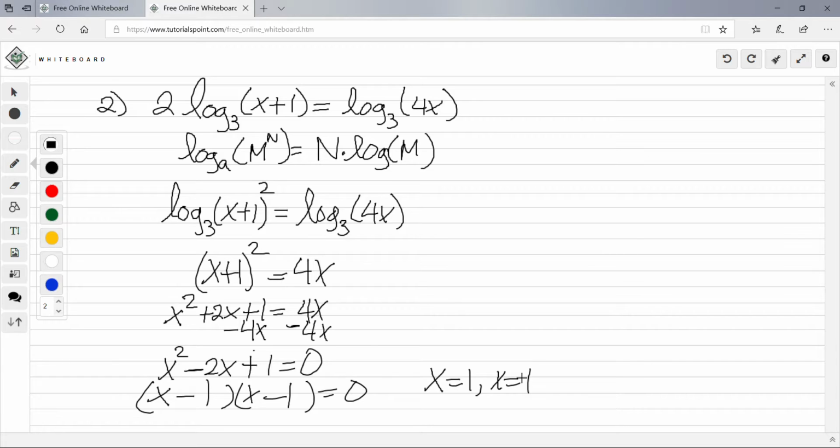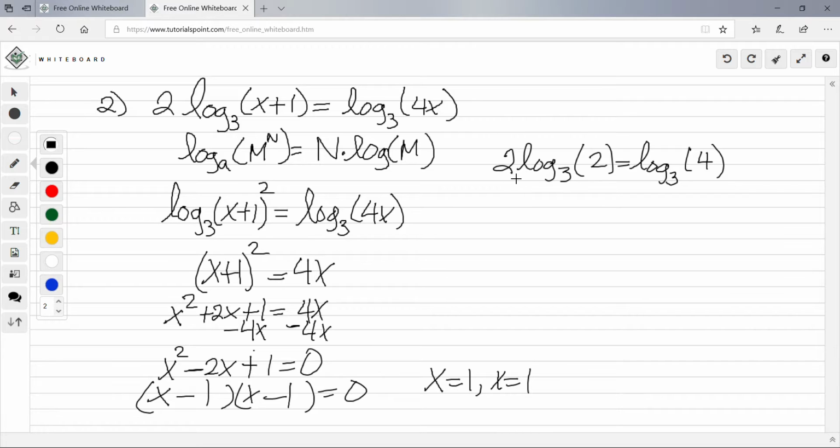To make sure it's true, we have to plug it in to the original equation. So it's 2 log base 3 of 1 plus 1, which is 2, equals log base 3 of 4 times 1, which is just 4. Let's simplify the left side.